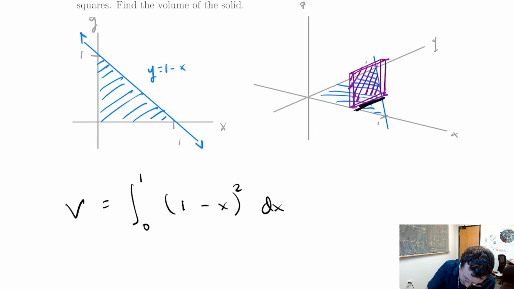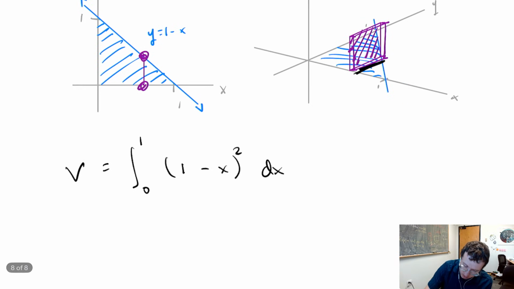It's just coming from the equation we were given. And that is also 1 minus x. So 1 minus x squared.